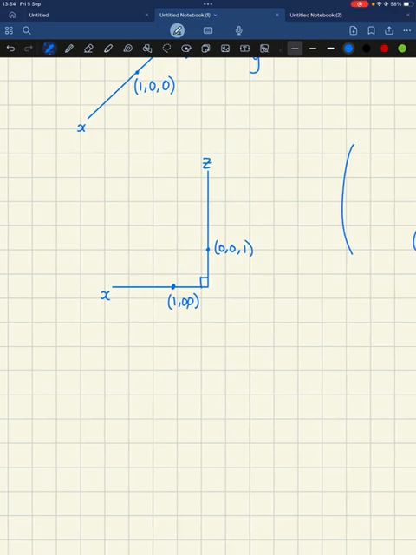Now, let's rotate this. So for the x rotation, we're going anti-clockwise, so that way. So let's rotate it over here. So we transform to over here, and we'll draw that.